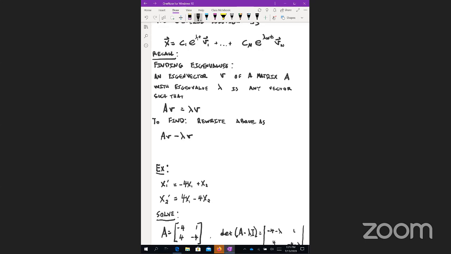We can factor a v out, but we have to be a little bit careful. So this is going to be A minus lambda times v, but to have this matrix subtraction work correctly, we have to multiply lambda by the identity matrix. In a certain sense, we can secretly be doing that here as well: lambda times the identity matrix times v is just lambda times v.